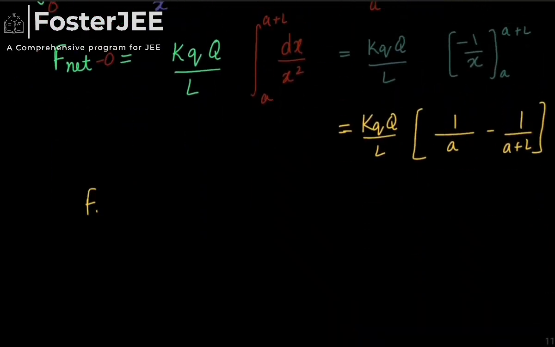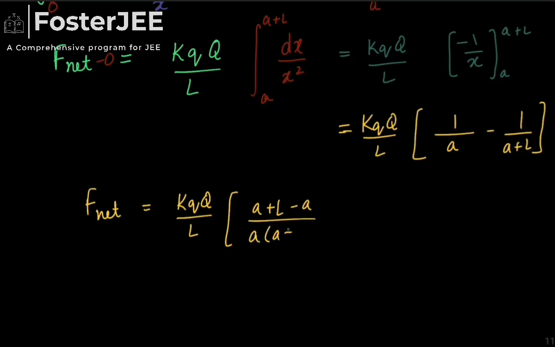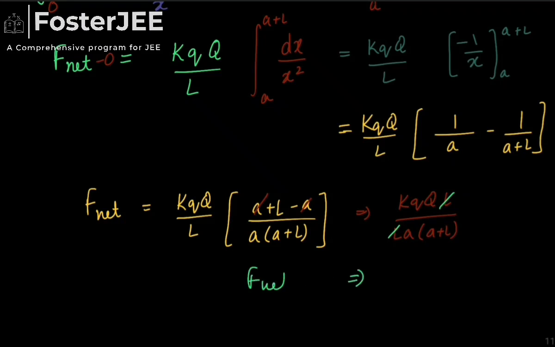Or we can write F net equals k q upon l times a plus l minus a upon a into a plus l. We can see this a gets cancelled and this becomes k q l upon l a plus l. Also this l gets cancelled, so the net force becomes k q upon a into a plus l. So we can see this as the result.